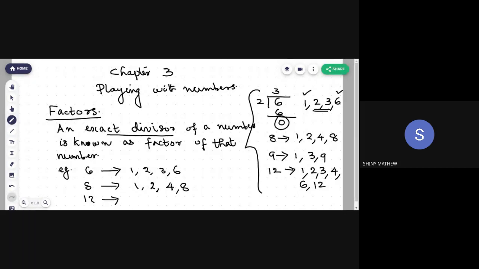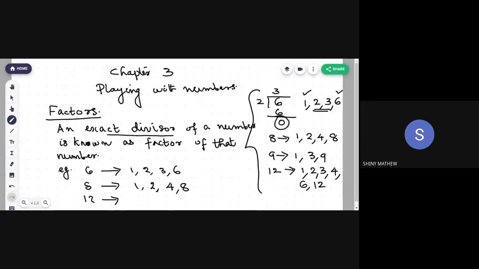Now, so we can continue. So this way we can find factors of any number. Alle? So below you write, then there is some more interesting facts about these factors. We know 1 is a factor of all numbers. Then every number is a factor of itself.